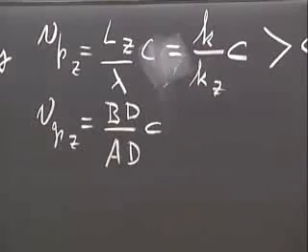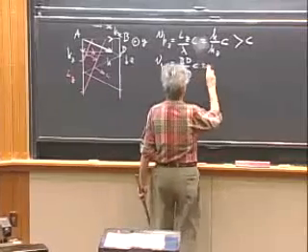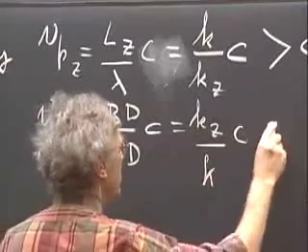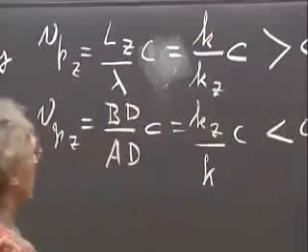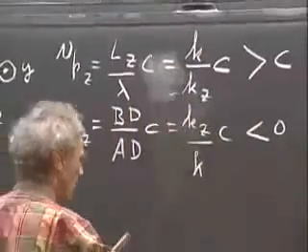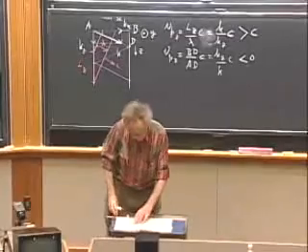And that follows from this geometry. That equals k of z divided by k times c, and that is less than c. And it better be less than c, because you can just see how difficult it is for this wave that reflects to work its way through in the z direction.